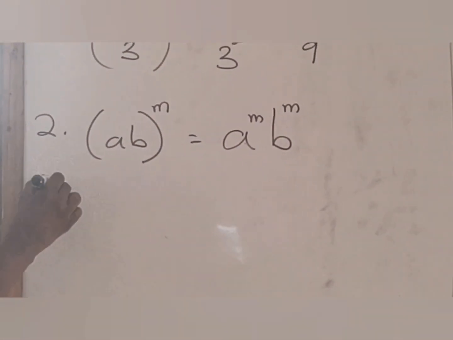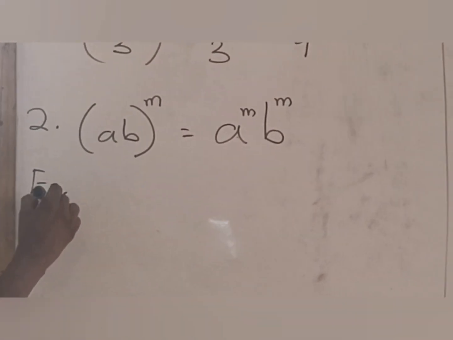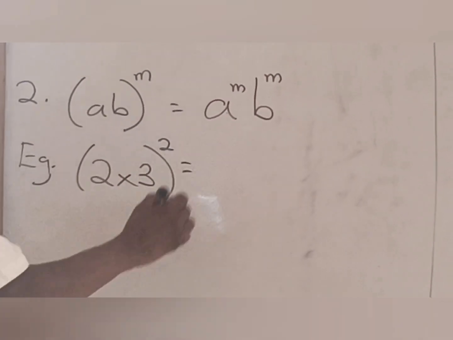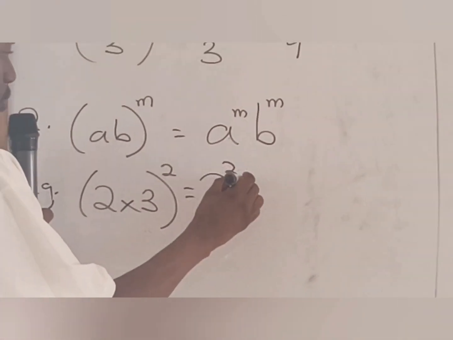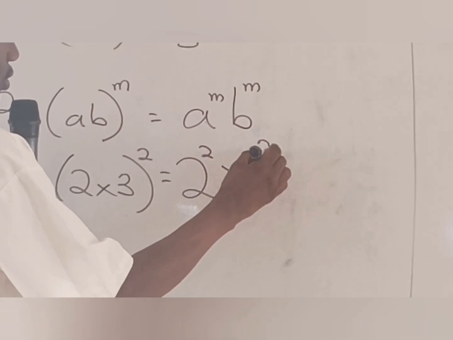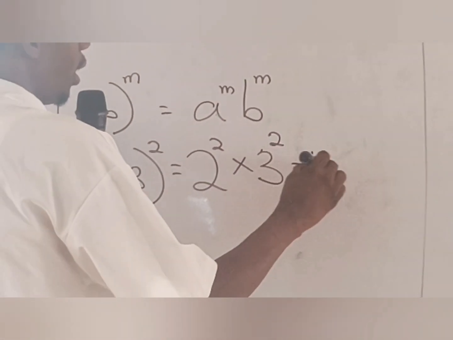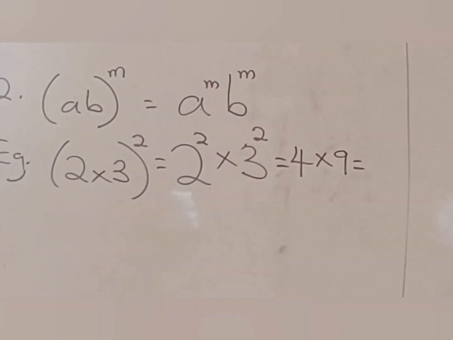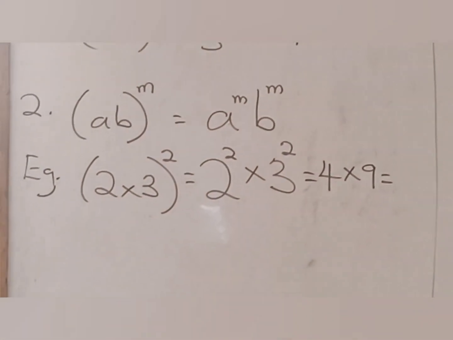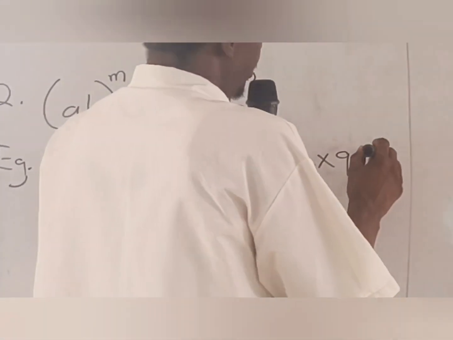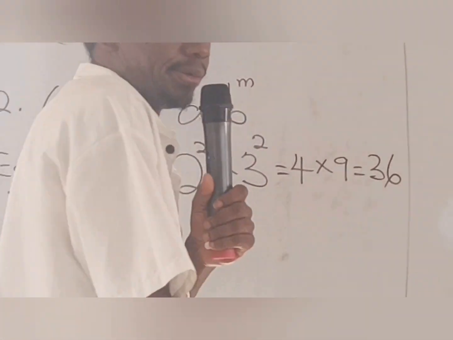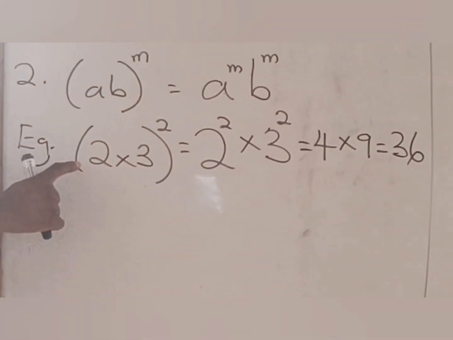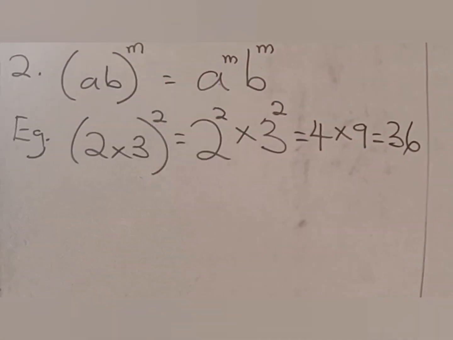For example, when you have 2 times 3 to the power 2, the same as 2 to the power 2 times 3 to the power 2. 2 square 4, 3 square 9. 4 times 9 is what? 36.